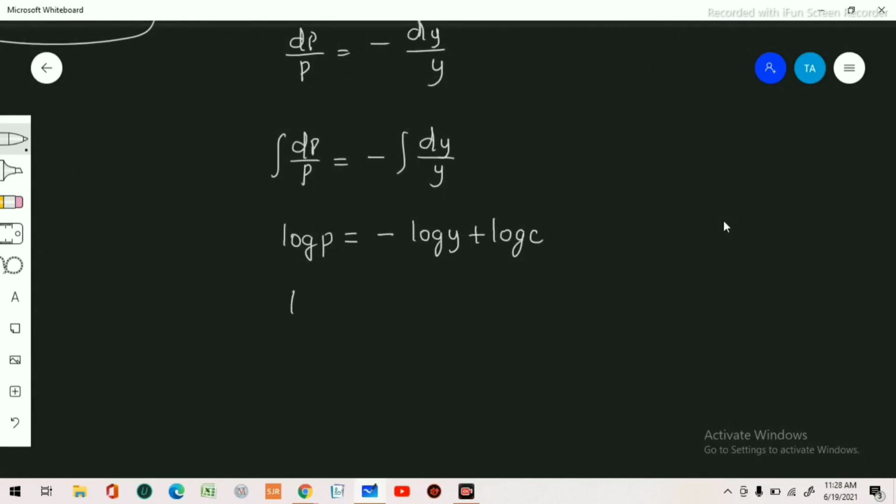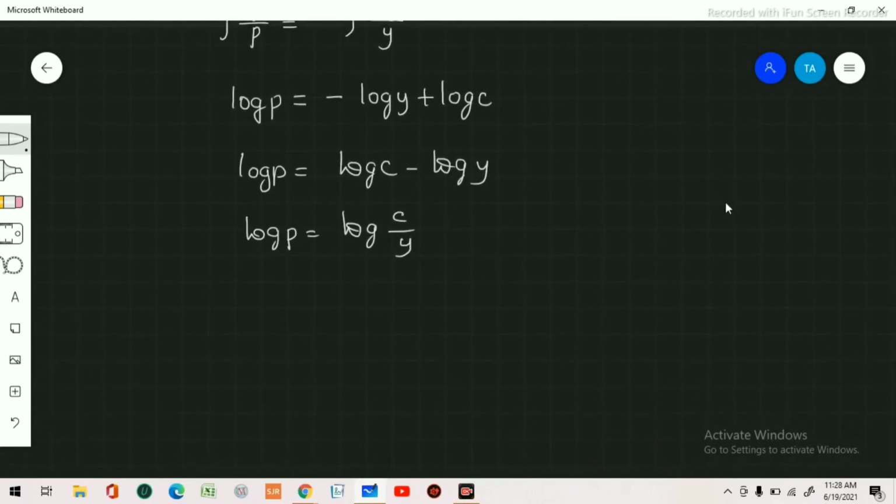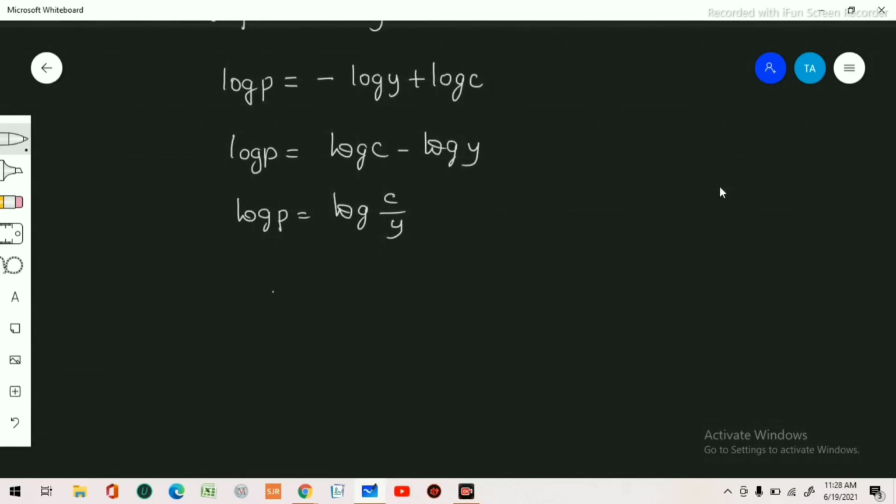This gives log p is equal to log c minus log y, so log p is equal to log c by y. Which property have we applied? Log m minus log n equals log of m by n. So we get the p value as c by y.